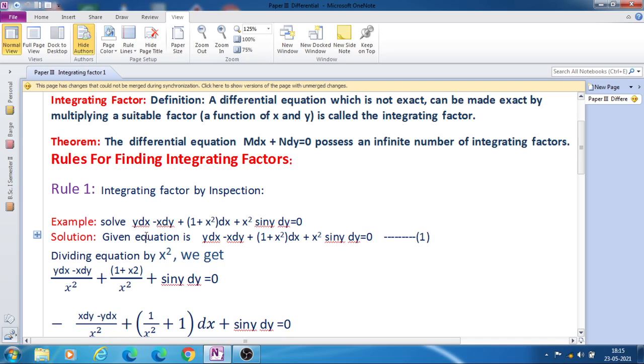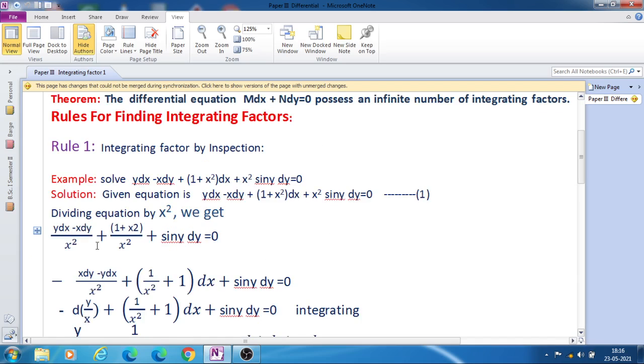So here is one example. Solve y dx minus x dy plus (1 plus x square) dx plus x square sin y dy is equal to 0. Now this equation is not an exact differential equation.